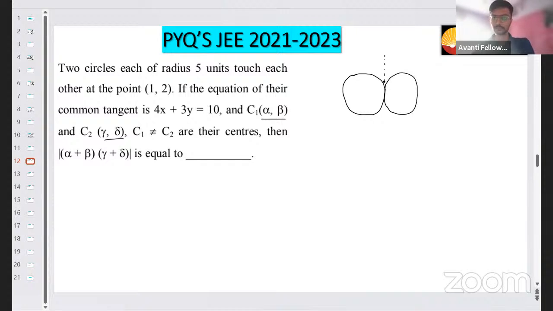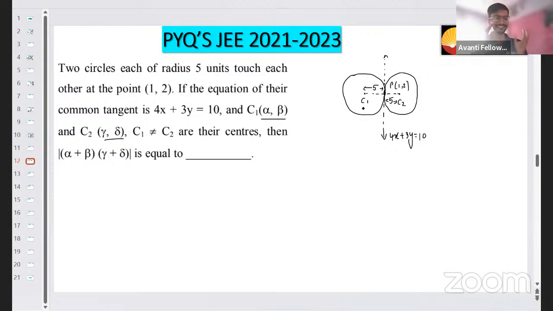So here, this will be the common tangent with equation 4x plus 3y equals to 10. And these are the two centers, let's say C1 and C2. This point is given P as (1, 2). This is 5. This is also 5.